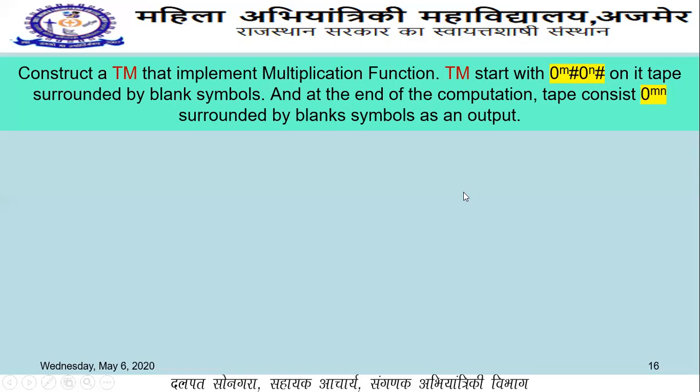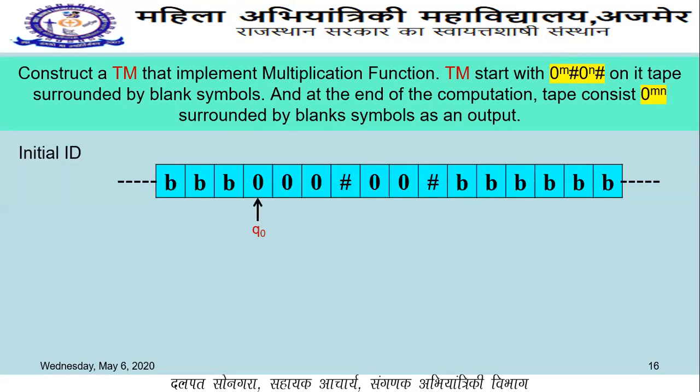Here we assume our initial instantaneous description is in this form: m occurrences of 0, separated by a separator symbol, which is a tape symbol, not an input symbol, and then n occurrences of 0.